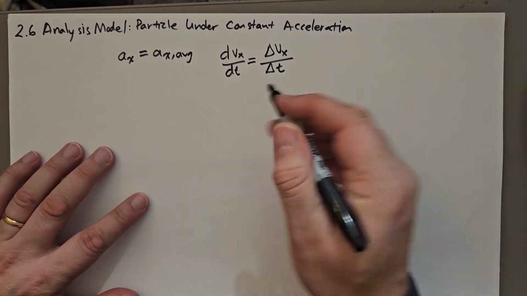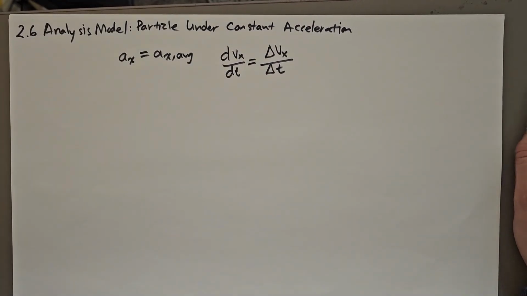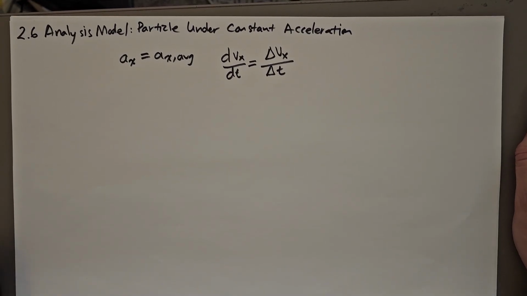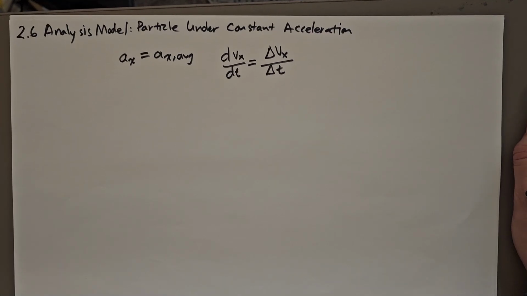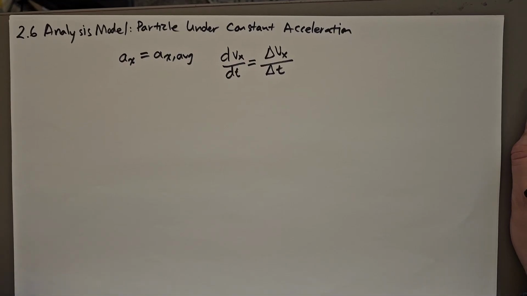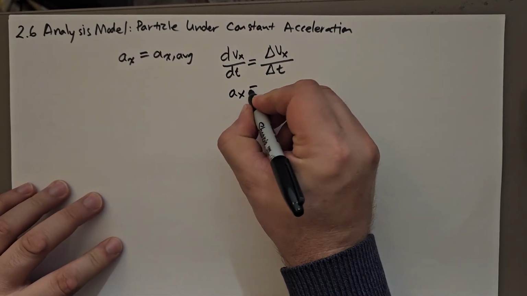So the average acceleration is the acceleration at all times. Although this doesn't happen very often, it happens often enough that it creates a useful model that we can use, right? So let's write this out this way.